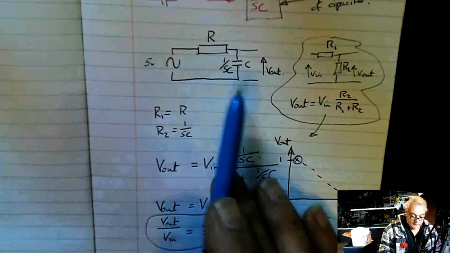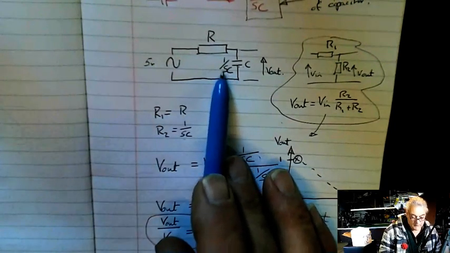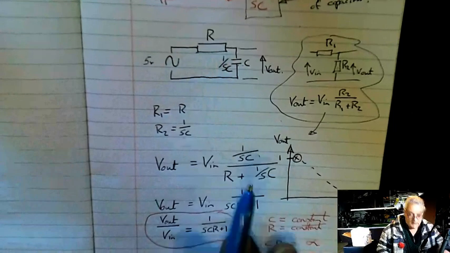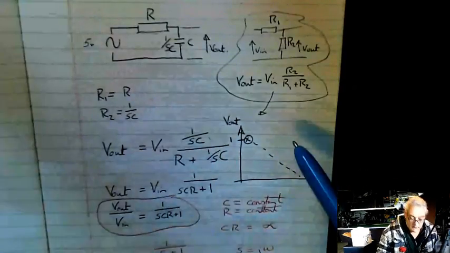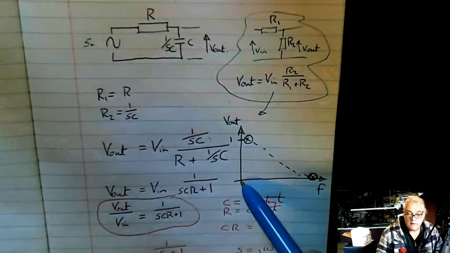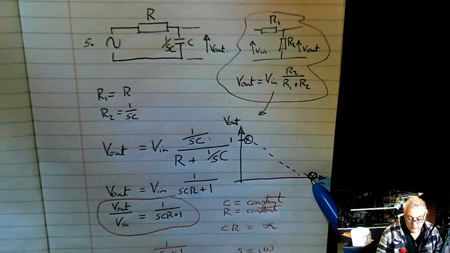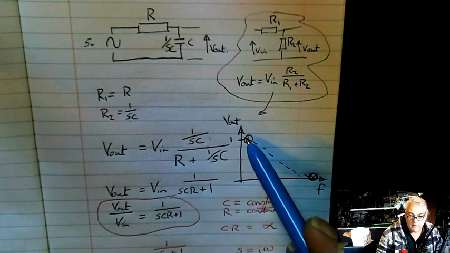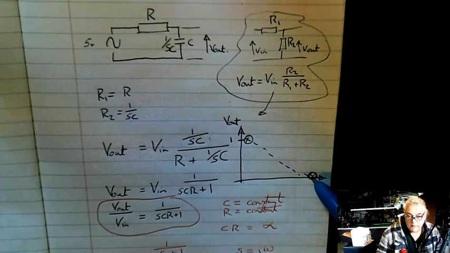So this circuit up here, what it will do is obviously dependent on the size of the capacitor and the size of the resistor, but this circuit is going to let low frequency through, and it's going to block high frequency.